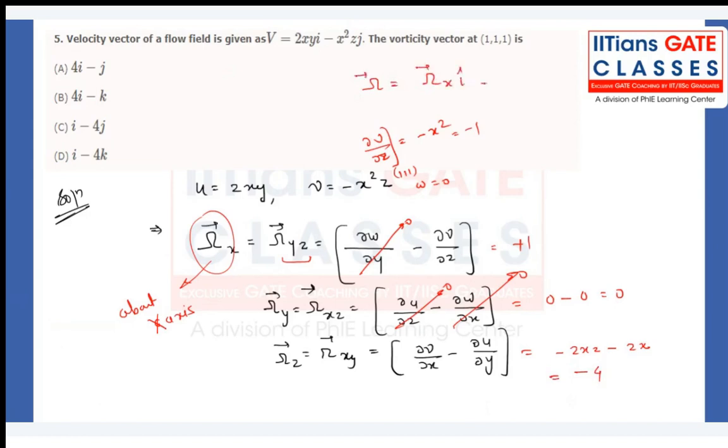Omega x i cap, omega y j cap plus omega z k cap. So what can we write further? i plus 0 j cap minus 4 k cap. So D will be correct, right?